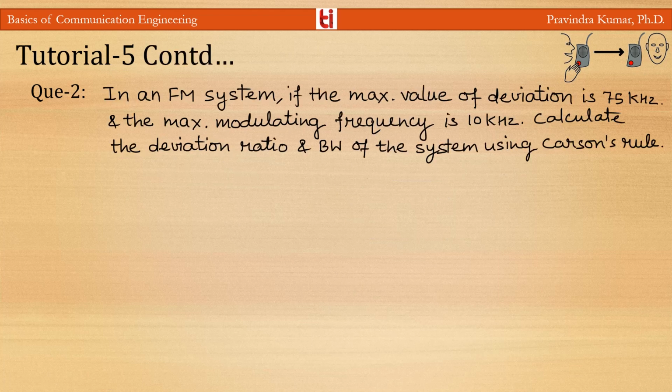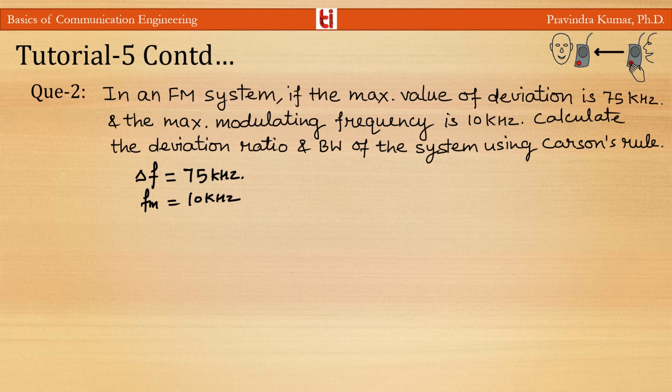Now the next question. In an FM system, if the maximum value of deviation is 75 kilohertz and the maximum modulating frequency is 10 kilohertz, calculate the deviation ratio and bandwidth of the system using Carson's rule. So here the maximum deviation is 75 kilohertz, and the modulating frequency fm is 10 kilohertz.